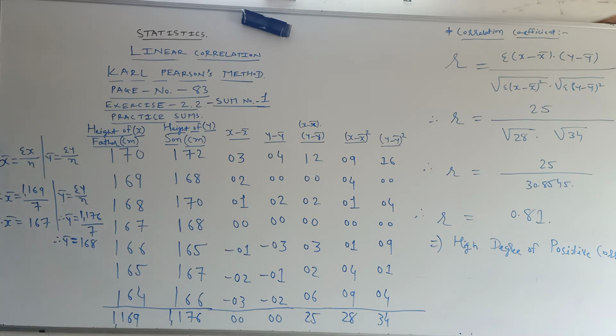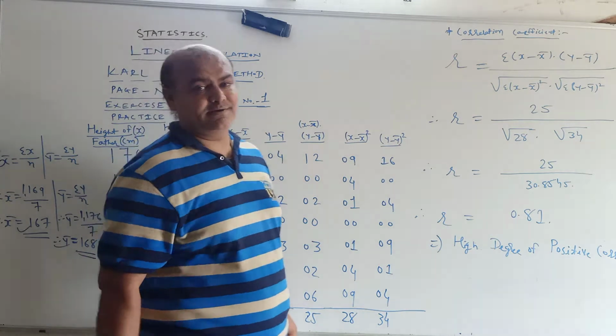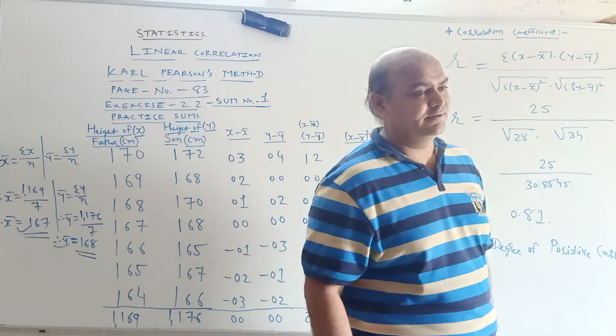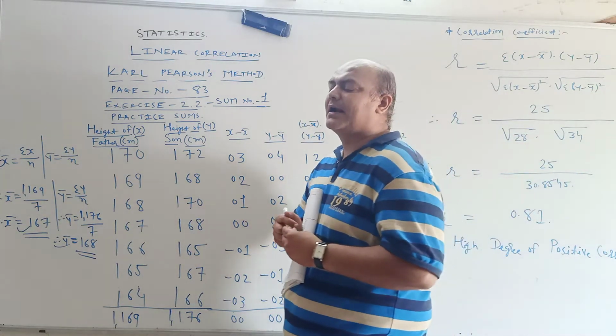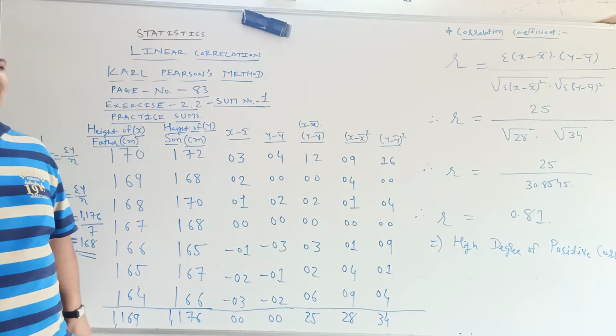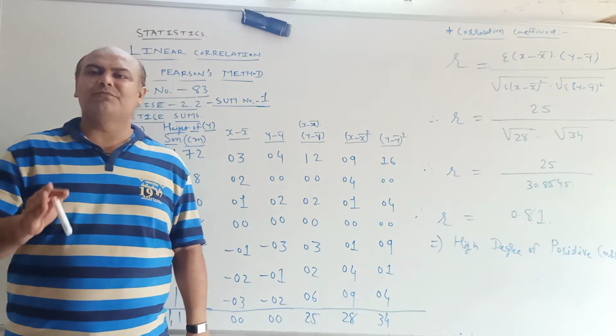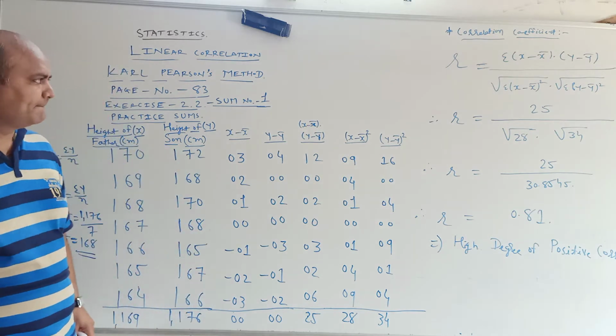Now students, observe here, the values of both x bar and y bar are integers, not in fraction, not in point. When both x bar and y bar are integers, as we are all aware, we have to apply the method of x minus x bar and y minus y bar.